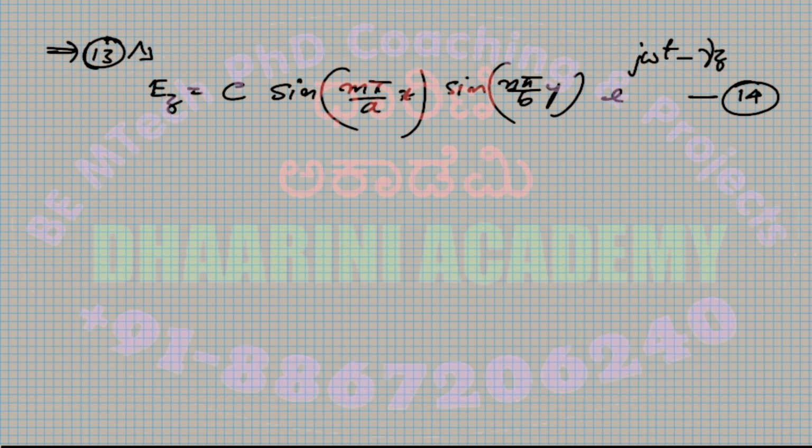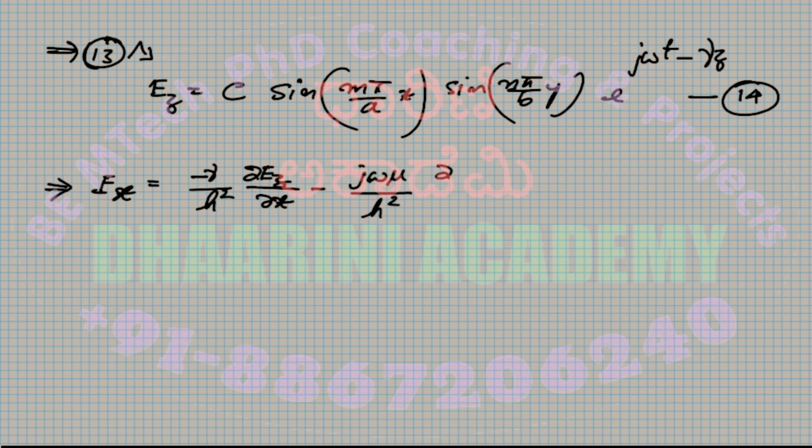So I'll directly write. What is the equation for Ex, the x component of electric field? In the previous derivation, we had obtained this equation: minus gamma divided by h square into the partial derivative of the z component of electric field with respect to x, minus j omega mu divided by h square into dou Ez divided by dou y.